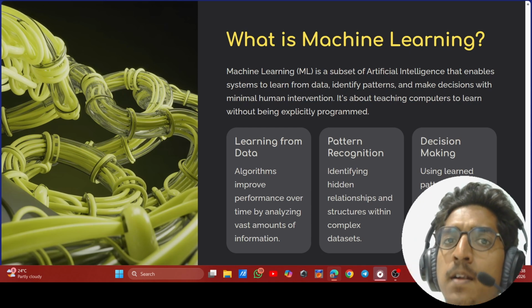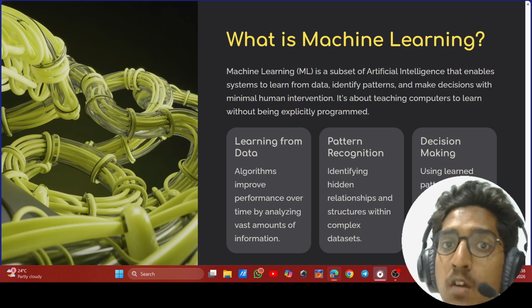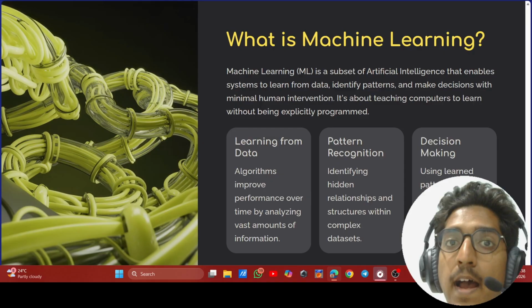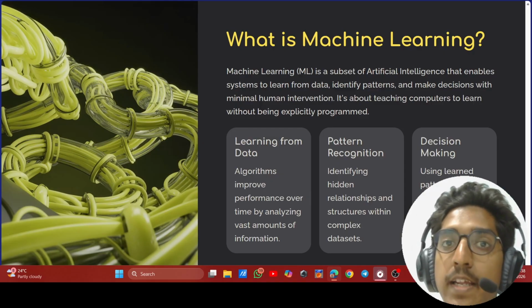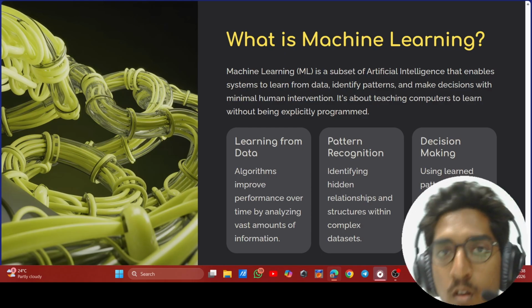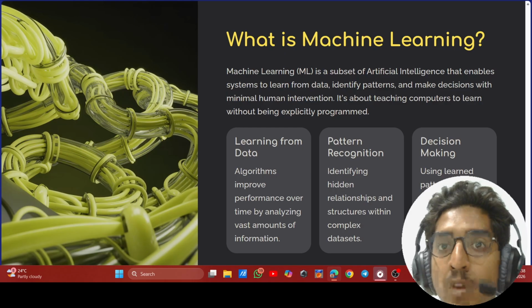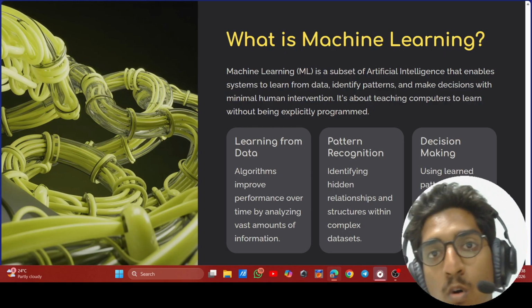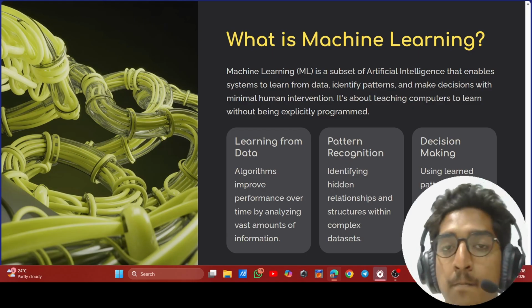Now, do you remember what label data is? Label data means we defined which emails are spam and not spam. We defined each of the emails. So this same data is given to the machine learning model. Then the machine learning model understands which mails are spam and not spam.